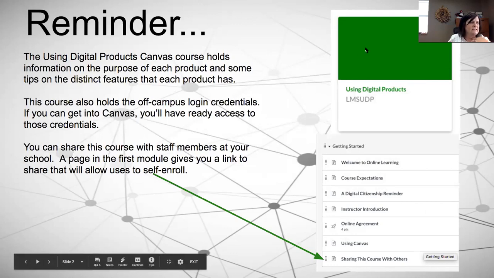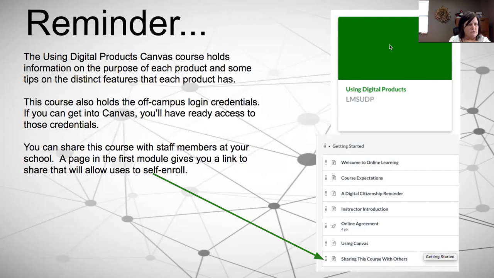Mine looks like this, with a big green rectangle on it. Yours might be a different color, but you should have it. I was very careful to get everybody added to it at the beginning of the school year. You'll find in that course each product that we have in its own module.